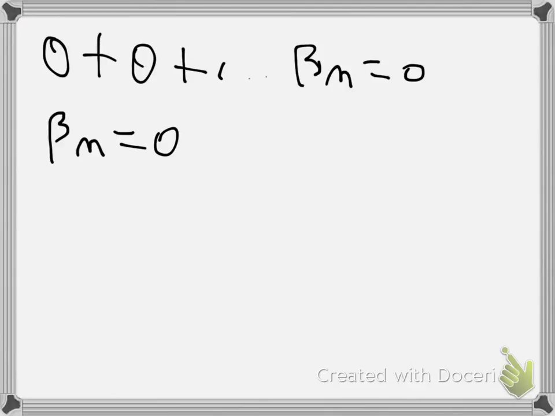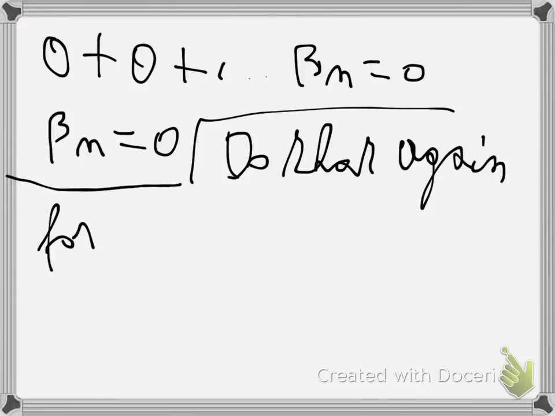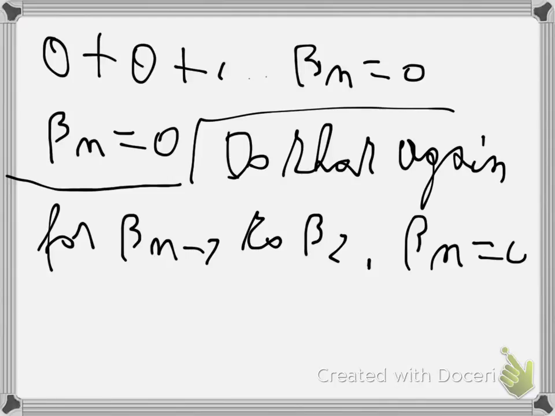And then you can do that again for beta n minus 1 to beta 2. Now we know that beta n is equal to 0.